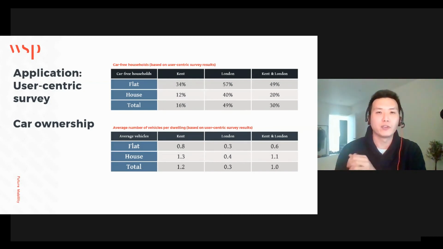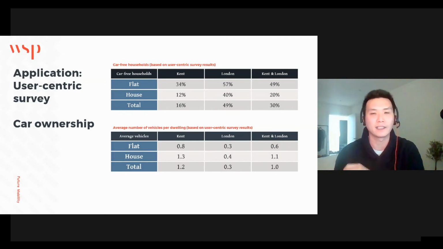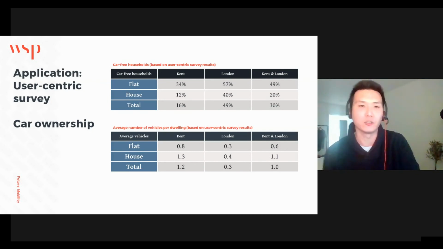This data has been really useful to help us benchmark and understand where to set the car parking rates, because obviously this level of car ownership is a lot lower than the parking maximums that are required in the local authority.